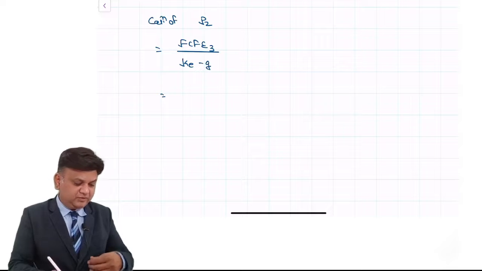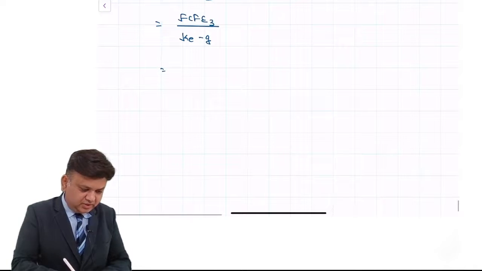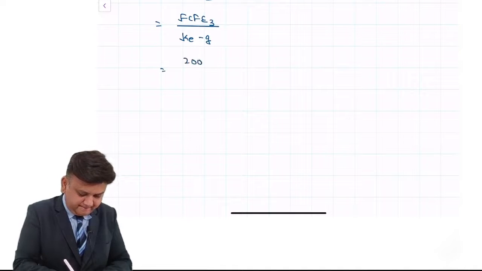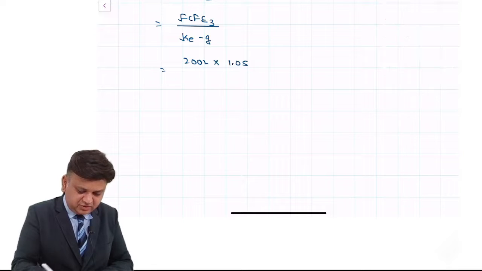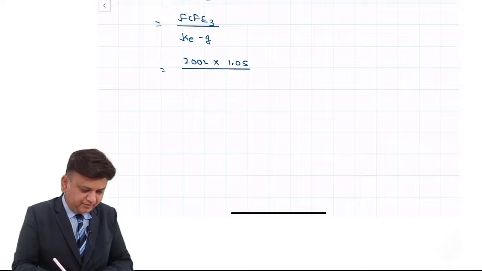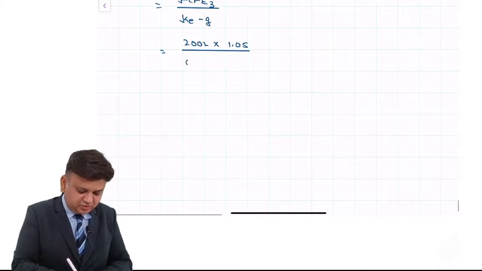Free cash flow for equity for the third year is 200 lakhs into 1.05, divided by cost of capital minus growth rate.